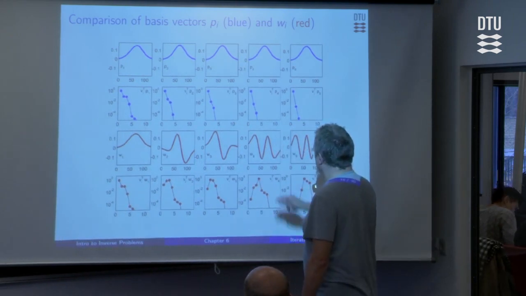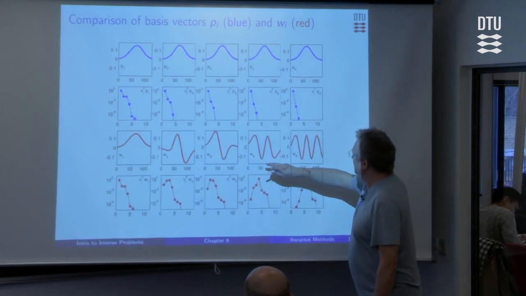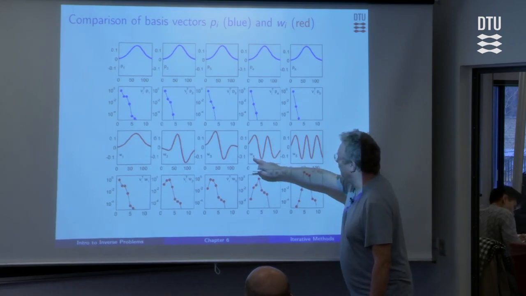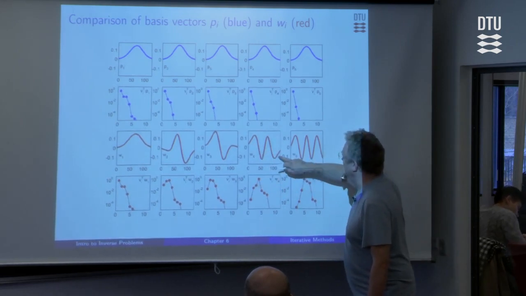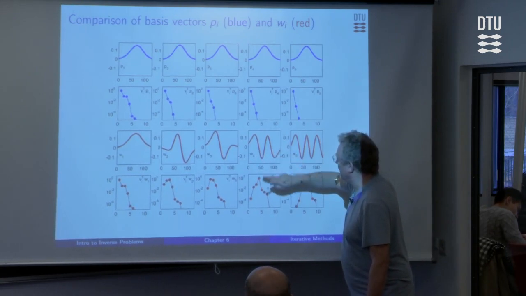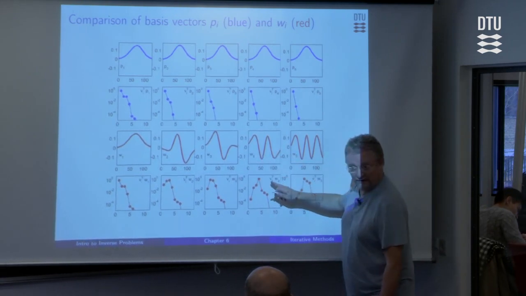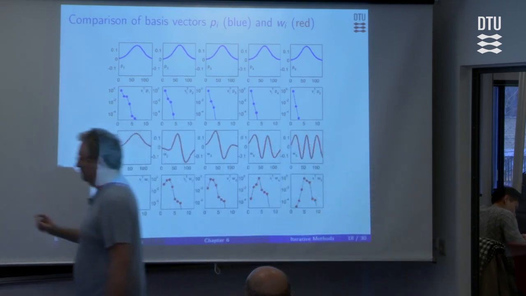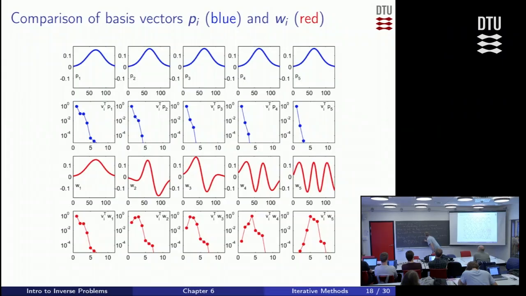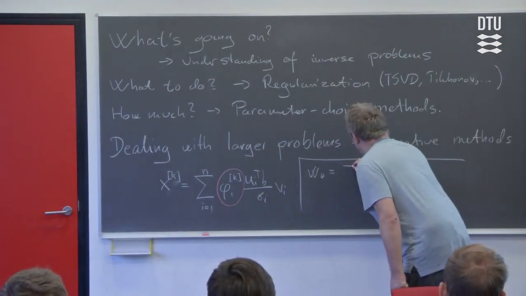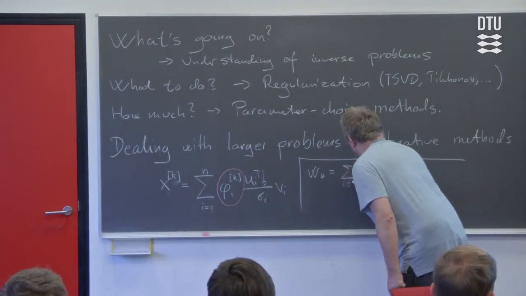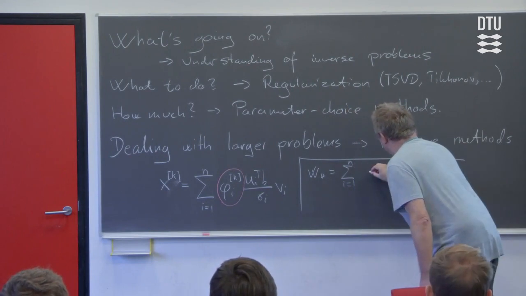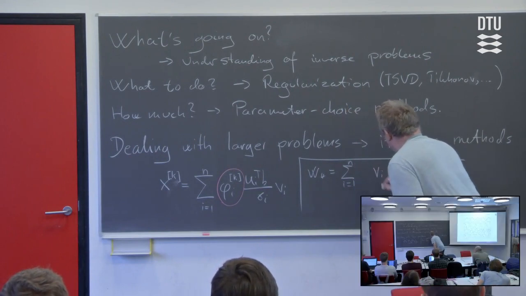Let's take this one here. So this is W4. It has some oscillations there. And now let me express W4 in terms of my right singular vectors. I want to write that in terms of my v_i vectors.